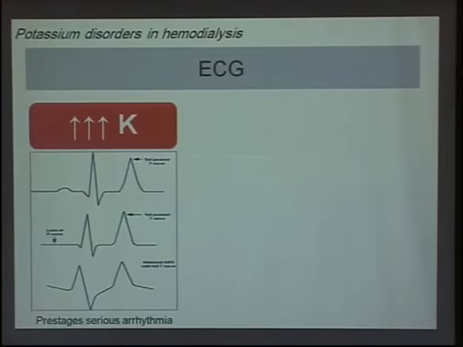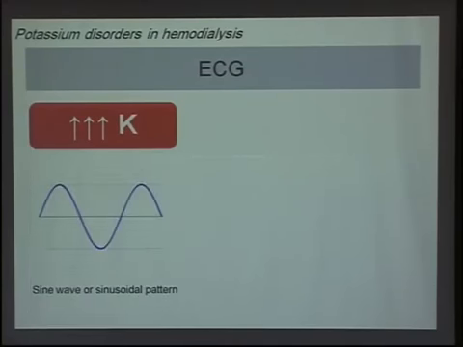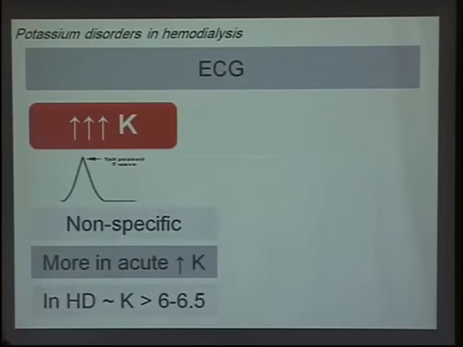And this pre-stages serious arrhythmias and might end by what's called sine wave or sinusoidal pattern. Tall peaked T wave, while considered by many nephrologists, is unfortunately non-specific and is usually a marker of acute hyperkalemia.